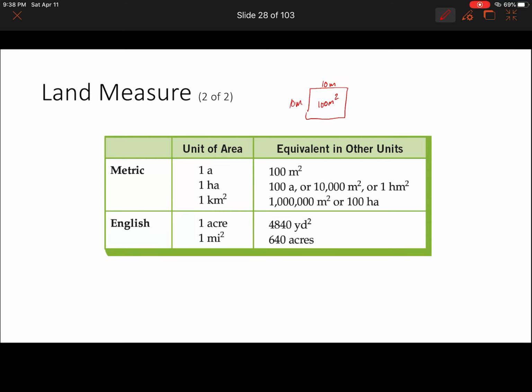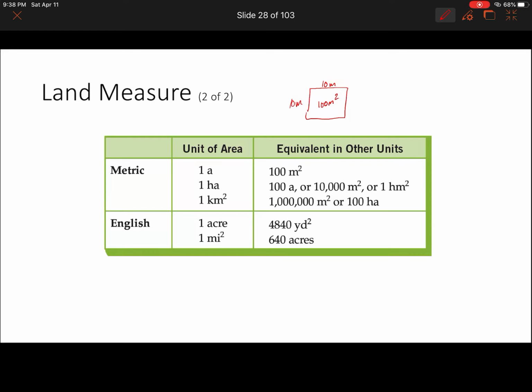A hectare, so the next one, HA is how we abbreviate that, is 100 R's or 10,000 meters squared. Or you could even do it as 1 hectometer squared.